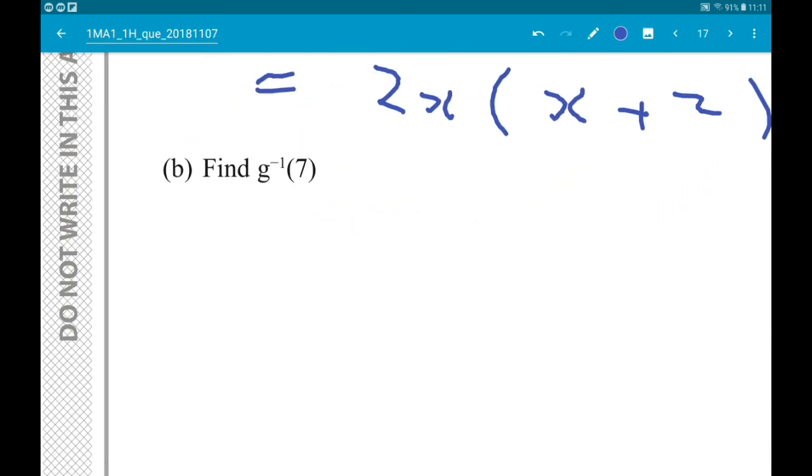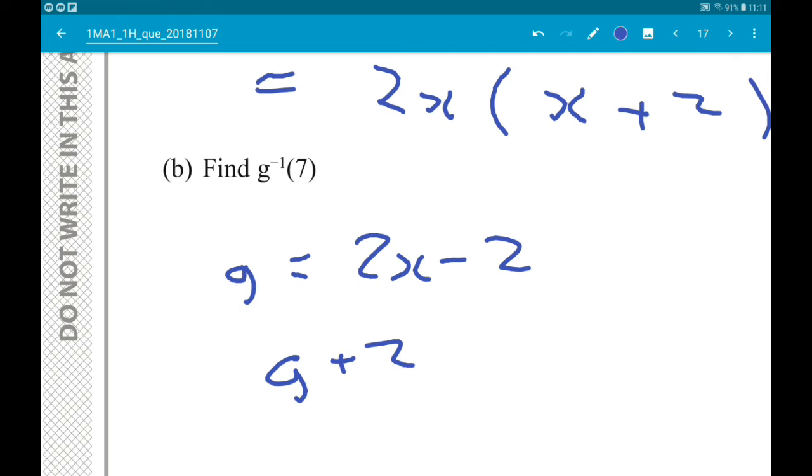so to cut down the notation, I'm going to write g of x just as g. So we know g is 2x minus 2. Now to find the inverse, we first of all want to make x the subject. So add 2.